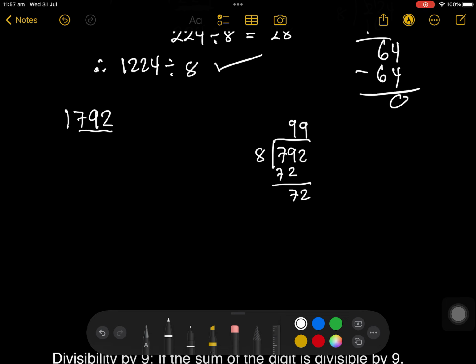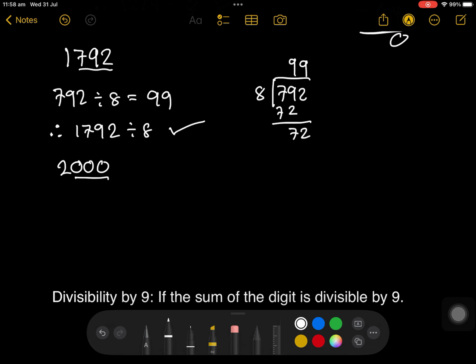Bring down 2, so 72. That's 9 again. 9 times 8 is 72. So therefore 792 is divisible by 8, which is 99. So to conclude, 1792 divided by 8 is correct. It is divisible by 8.